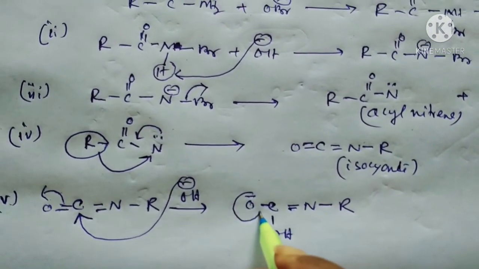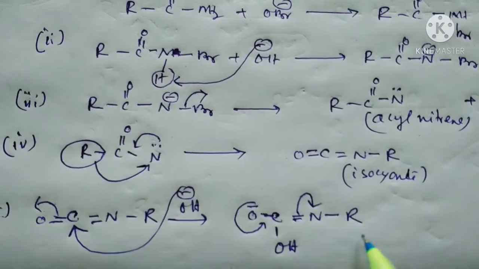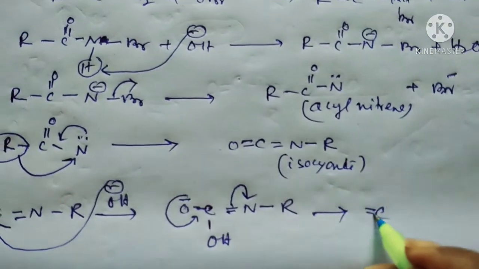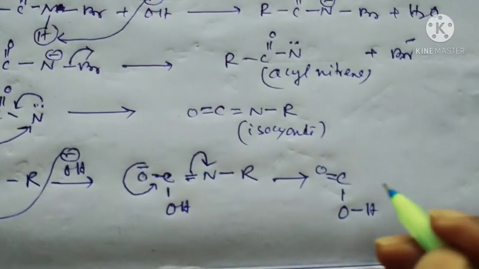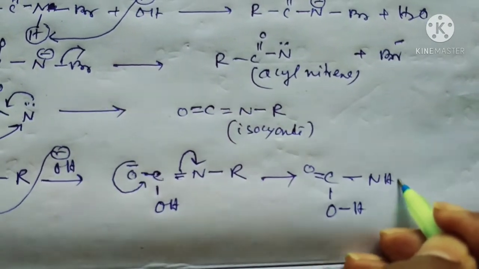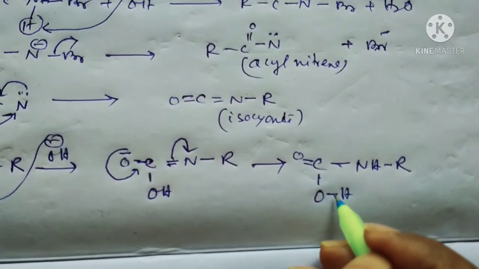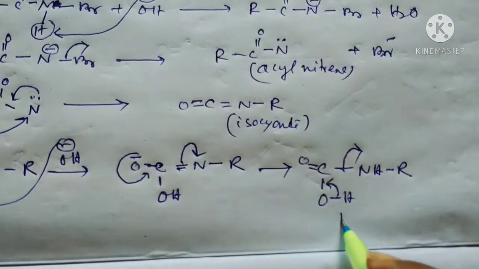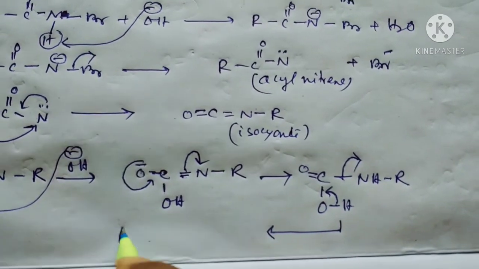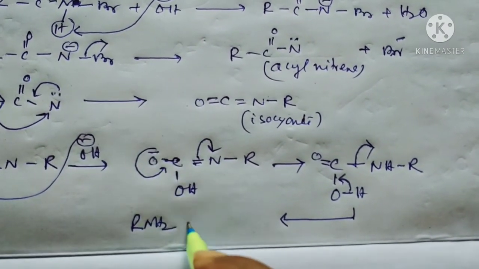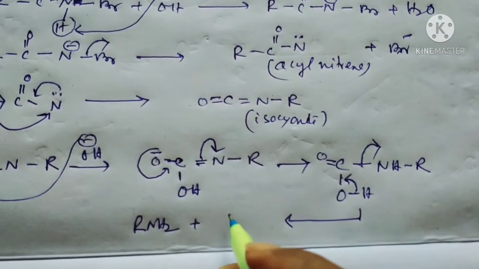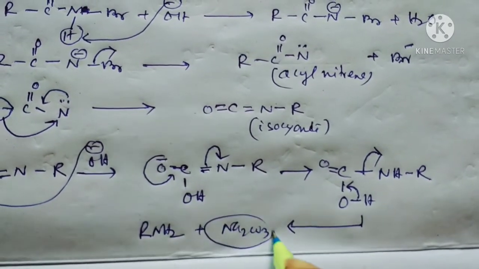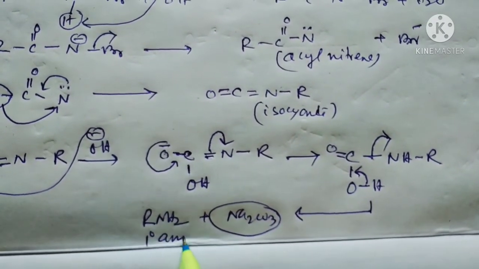Again this one pushes back and then it forms this one. Then this bond breaks, and then this bond breaks to form RNH2, and this carbon dioxide reacts with sodium hydroxide to form sodium carbonate as a byproduct. So this is our first degree amine.